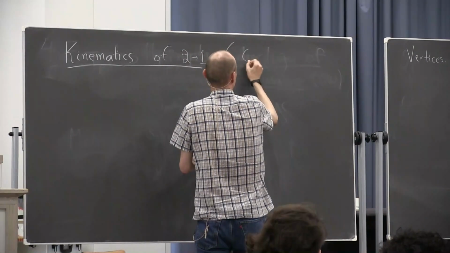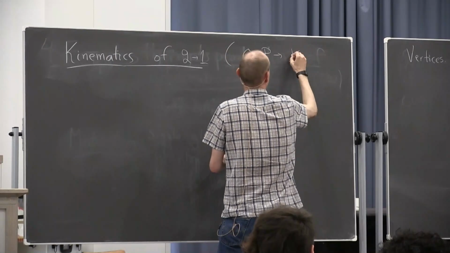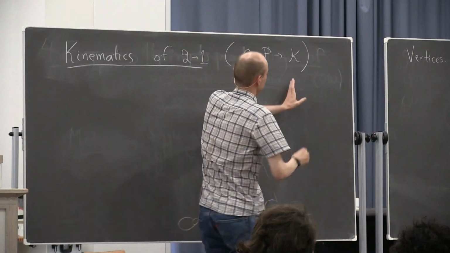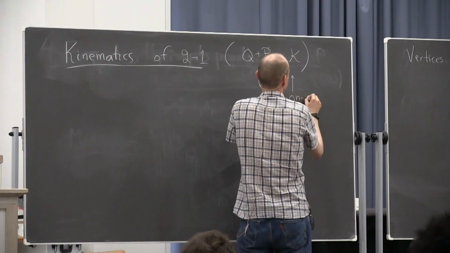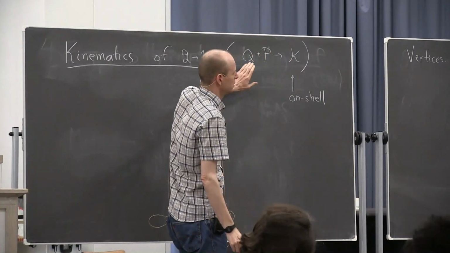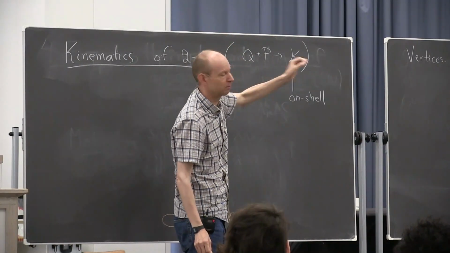So Q plus P going into K. So this is the graviton, and this is on shell. It's an external particle on shell with hard momentum. This is a gluon. This gluon is also on shell, massless gluon.